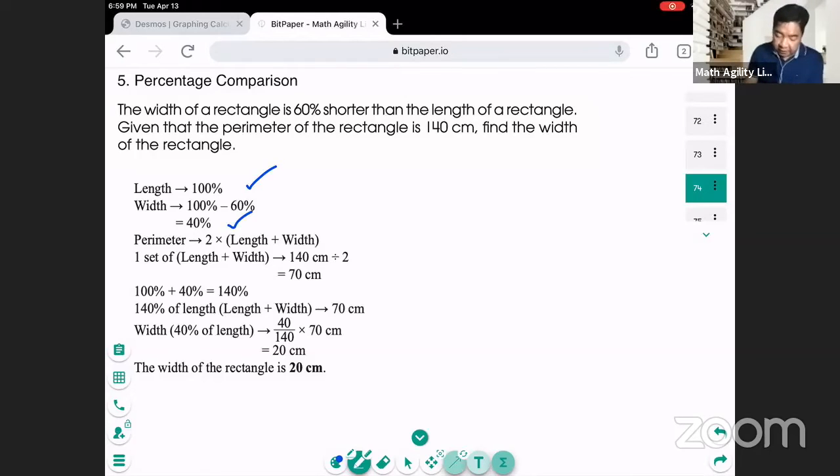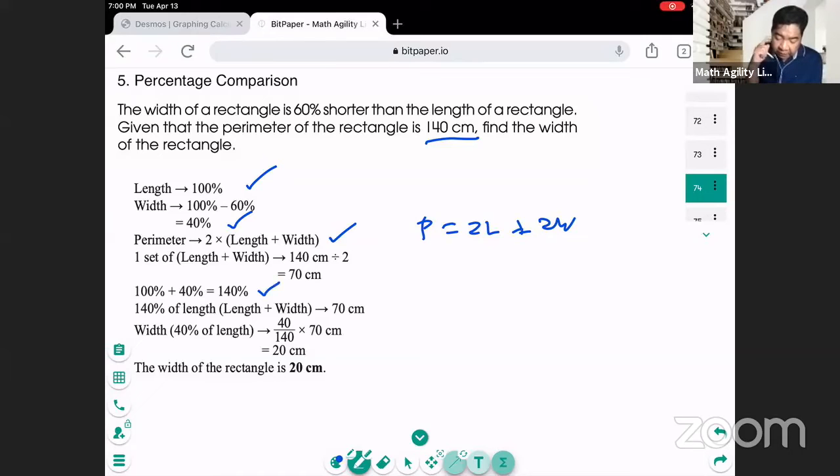And of course, this is the formula for perimeter: 2 times length plus width, or simply P is 2L plus 2W, right? And then one set of length and width is equal to 140 centimeters divided by 2. So that would be 70 centimeters for one set. So 100% plus 40% is 140%.